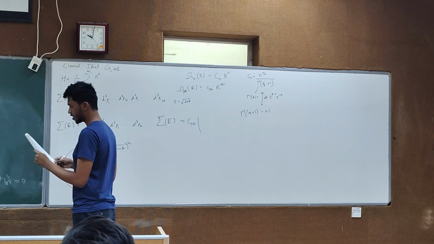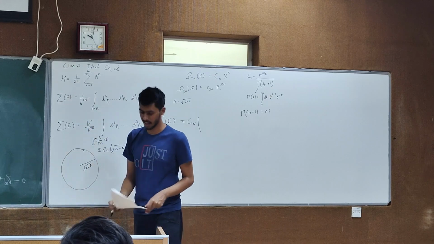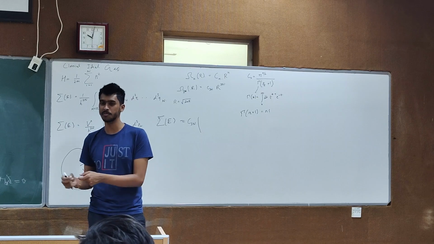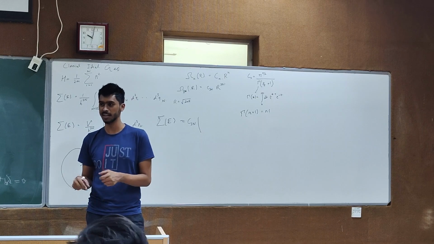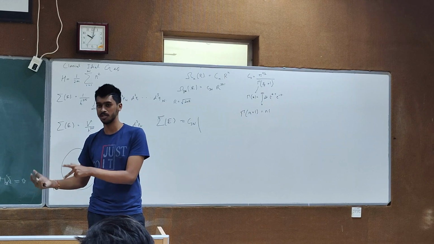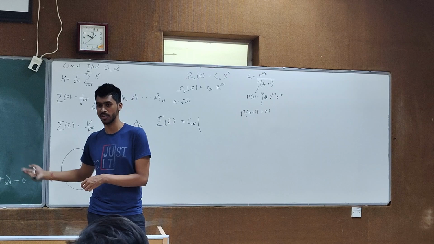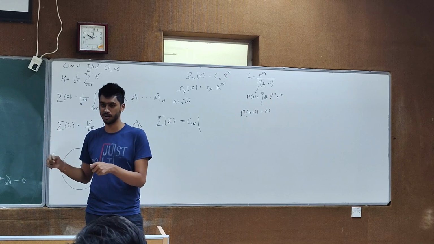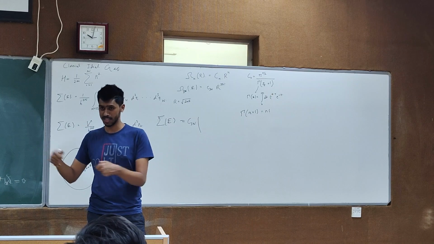How did it appear here? Basically there is Heisenberg's uncertainty principle, you know that, right? In that you have delta x times delta p of the order h. So h cube is the minimum volume your two atoms can come together.